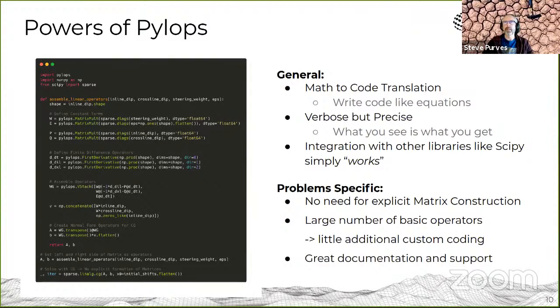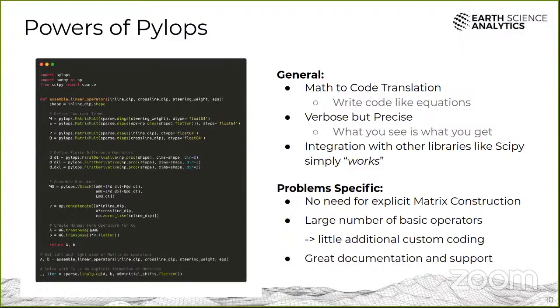Cool. One more question again from Christian. Christian, sorry, is it possible to wrap functions from other libraries such as Devito in PyLops operators? Yeah, so that would be great. I know some people have done it. We have not got that implementation available, but if anyone wants to give it a go, I'm actually interested myself.